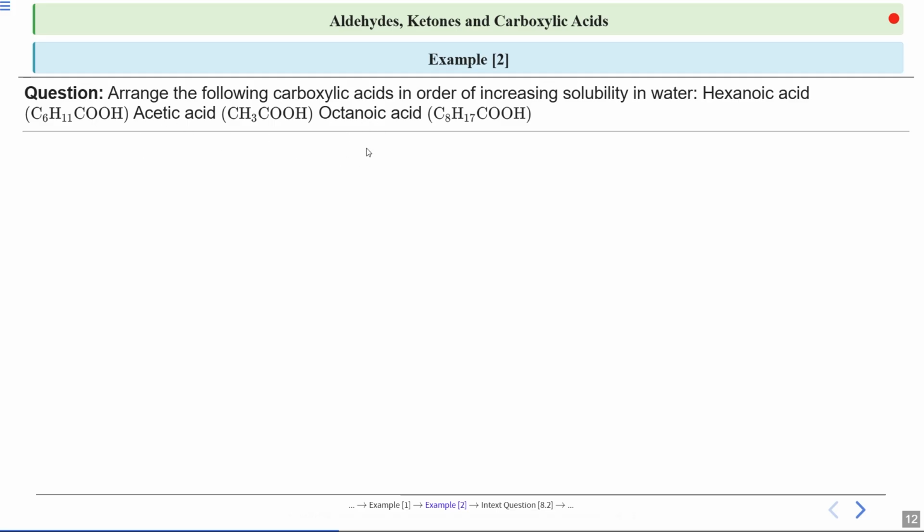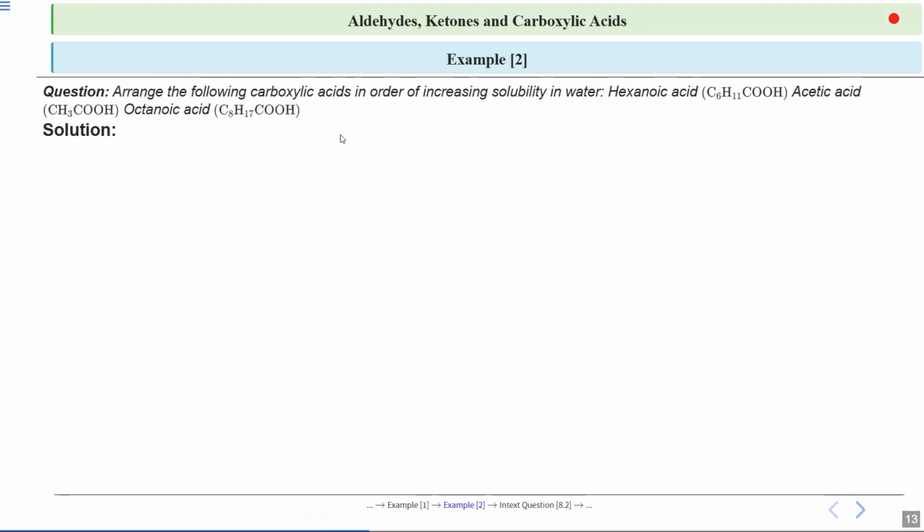So can you guess what is the correct solubility order? Right now we have only studied how solubility is affected, so from that can you guess which will be the correct order?